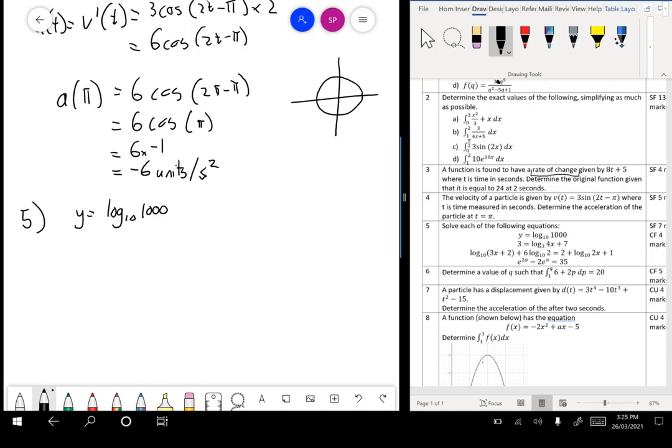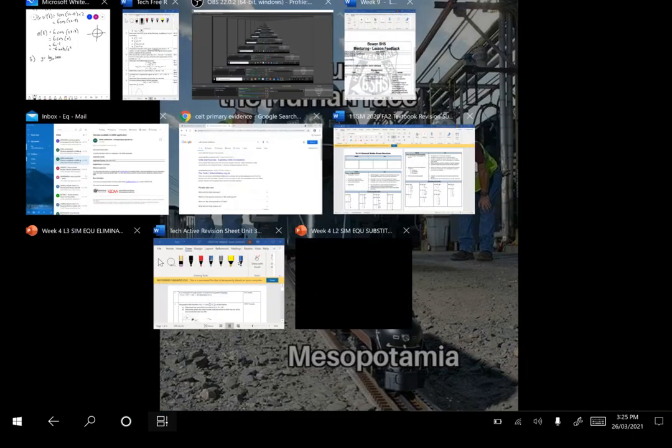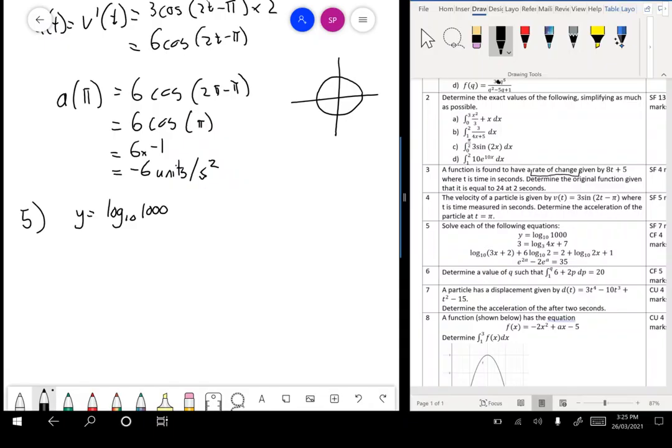Computer's frozen. That's not ideal. No, not entirely. Okay. We're back. I'm not sure what's happening here. It's not letting me write. Let me reconnect to the base station of my laptop, maybe the battery's a bit low or something.